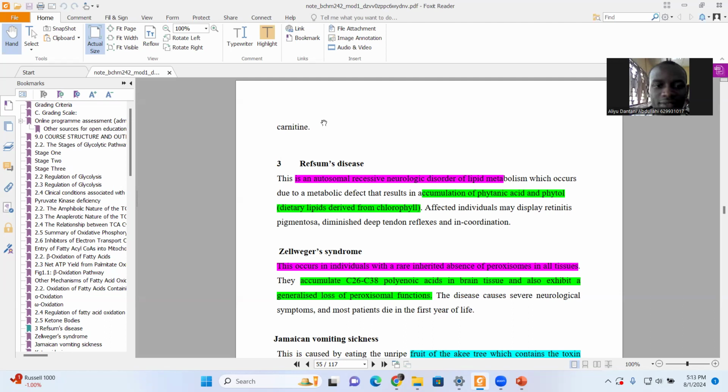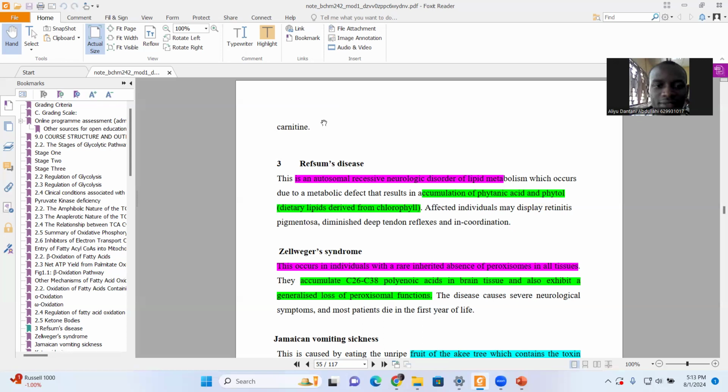Refsum's disease is an autosomal recessive neurologic disorder. You know what an autosomal recessive disorder is, right? Autosomes. What are autosomes? You should know, nursing students. Autosomes and sex chromosomes, right? It is a disorder of lipid metabolism, which occurs due to a metabolic defect that results in accumulation of phytanic acid. You remember phytanic acid and phytol, from dietary lipids derived from chlorophyll?